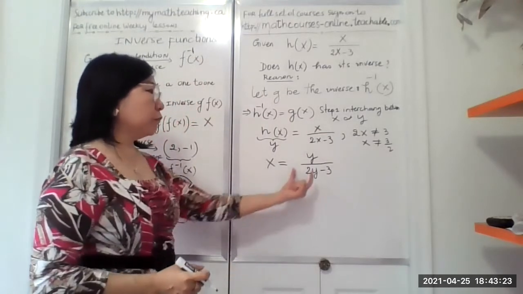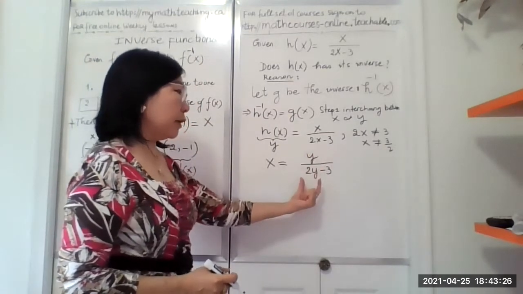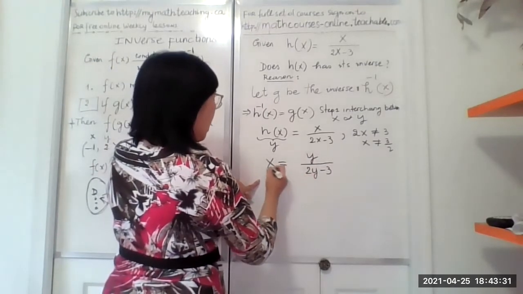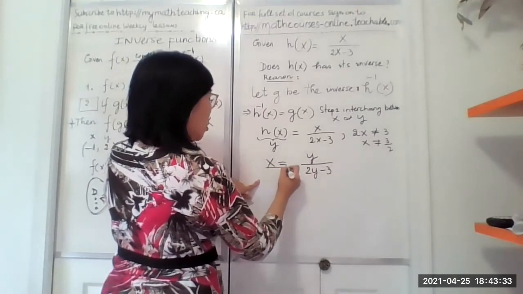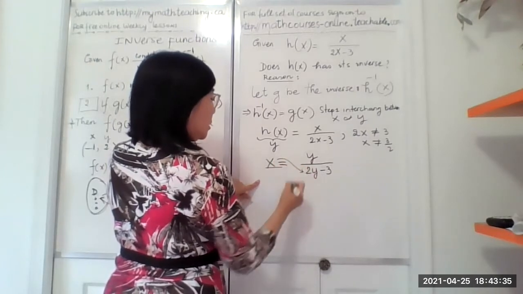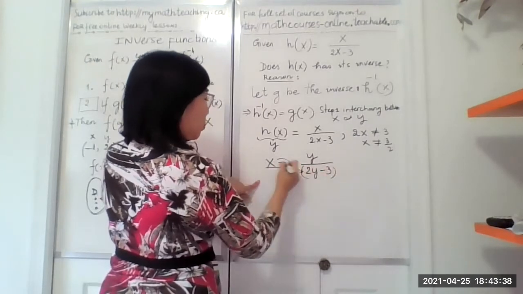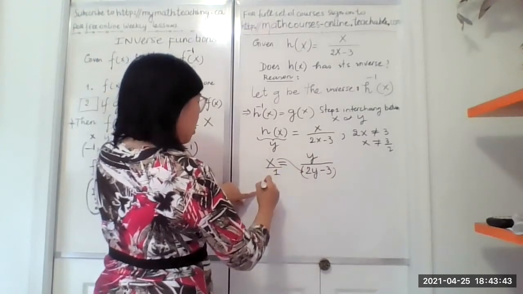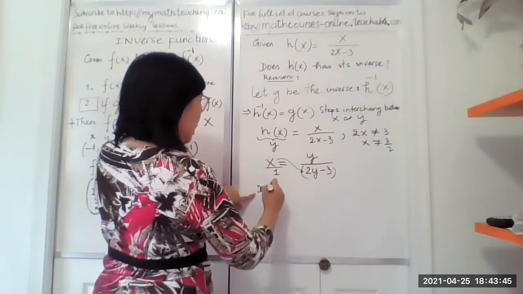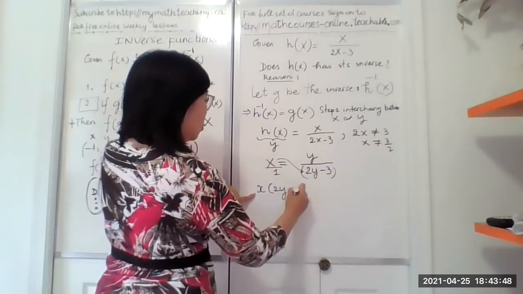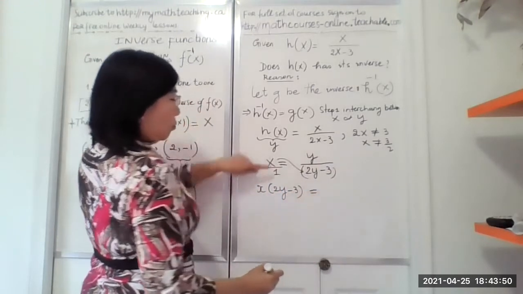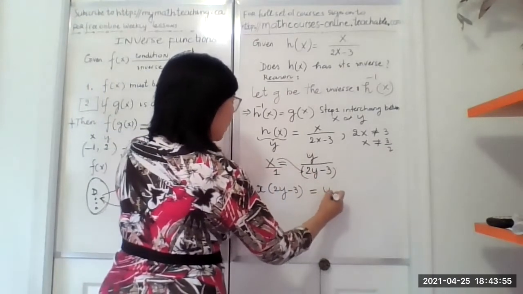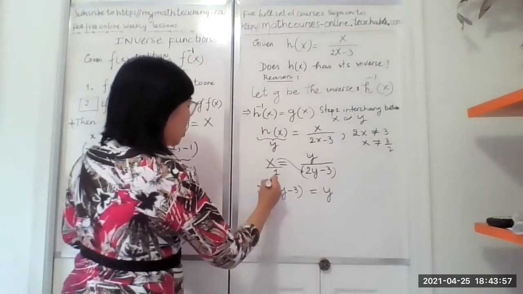So now we have to solve for the new y function we created here, right? How do we solve for that? I'm going to cross multiply, which is this times this, right? This bracket will go up on top, and y times 1 here is y. So we will have x times 2y minus 3 equal, the equal sign still there, y times 1 is just y. Now I'm going to distribute.